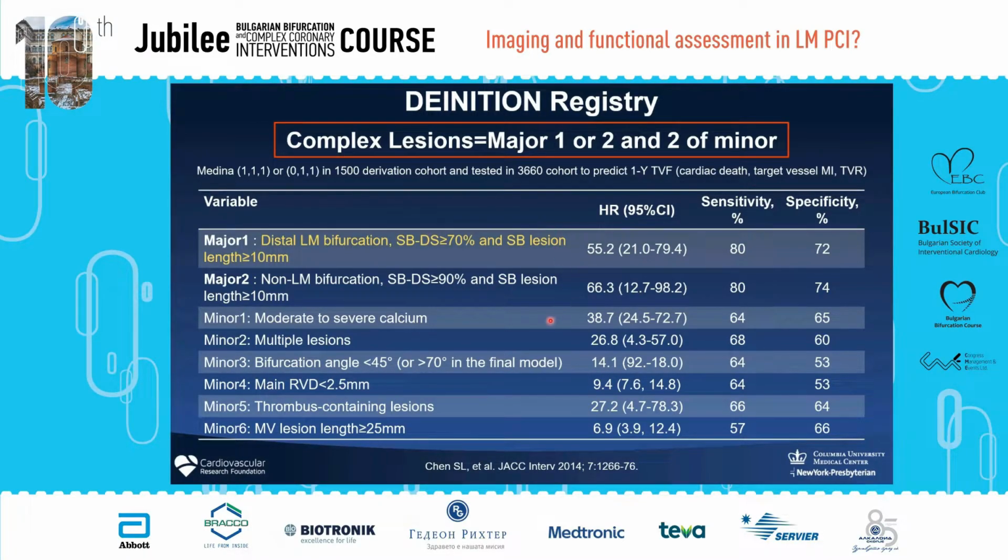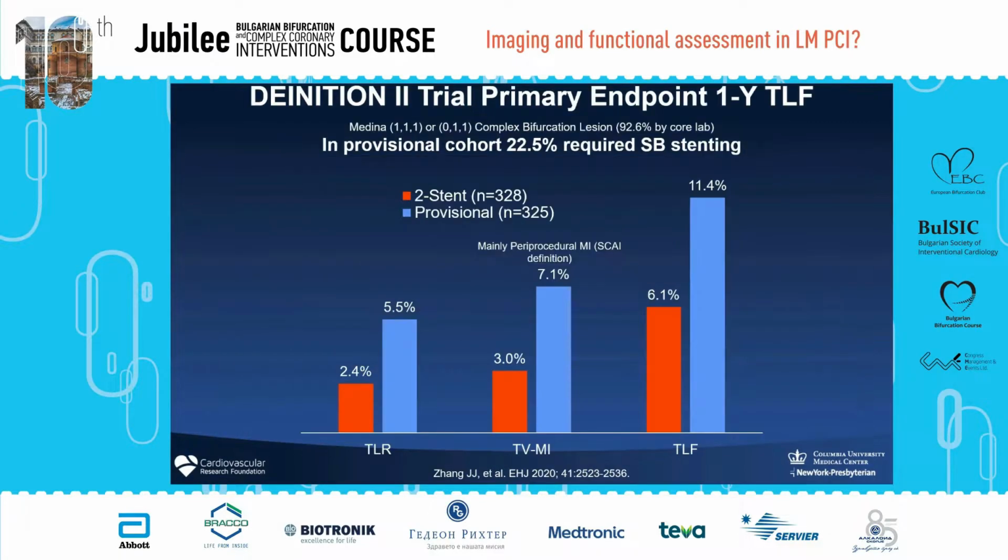Those are the definition of the complex bifurcation lesion. And if we include only the complex bifurcation lesions, and then they randomized either two-stent technique or provisional, what they found is that two-stent technique has the better outcome compared to provisional stenting if the patient has a complex bifurcation lesion.